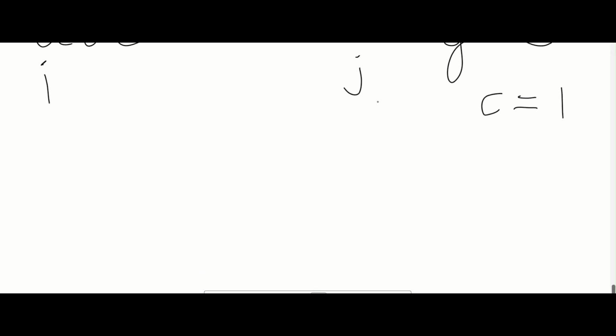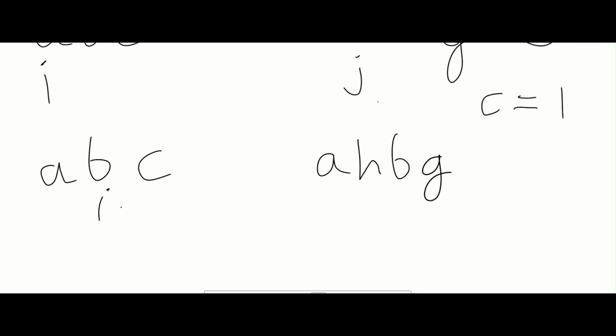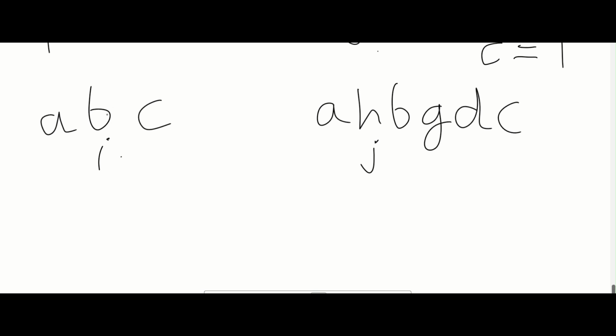And we increase both the pointers. So now we have I here and J is here at H. As we can see, I is not equal to J. So I remains here because we have to find B. Otherwise, we cannot progress in the left string, right?